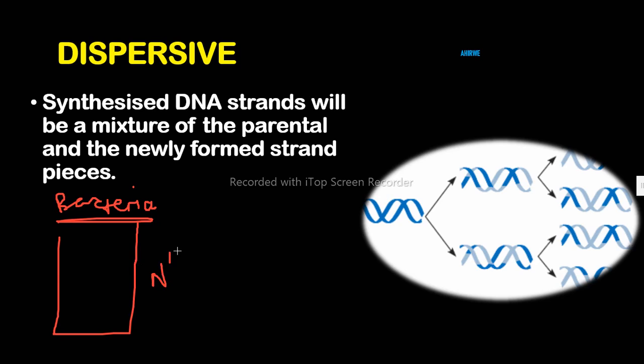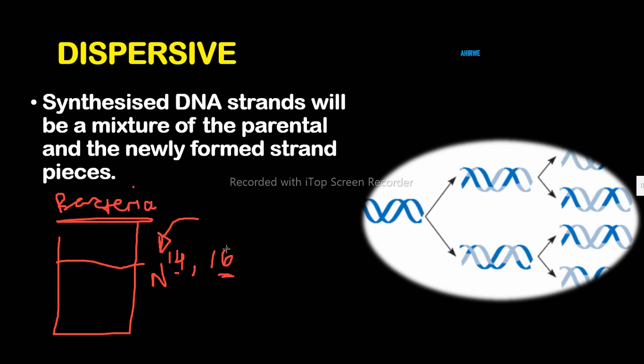We have nitrogen 14 and nitrogen, is it 16? I think nitrogen 14 and 16. You can fact check this. Now if you first put them in a culture containing organic bases made up of nitrogen 14, they are going to replicate and form the DNA.